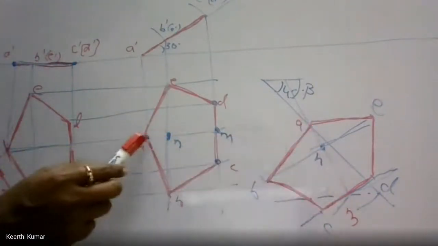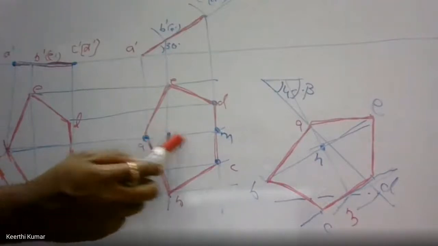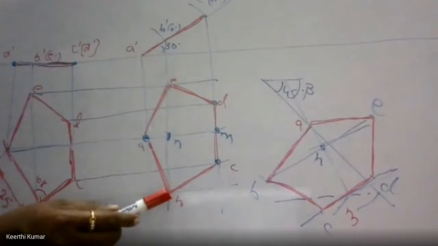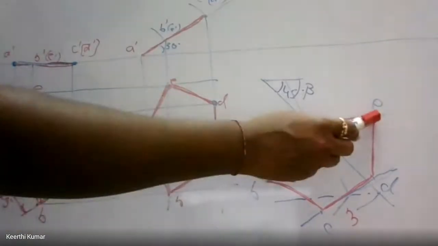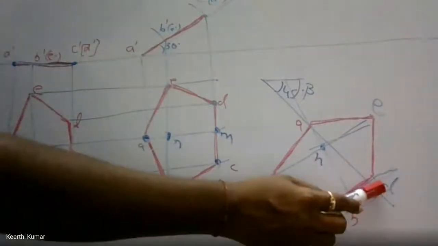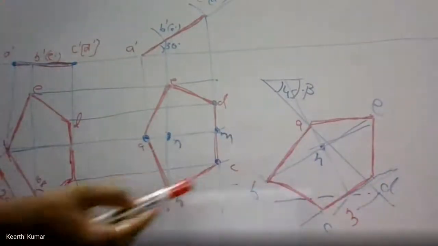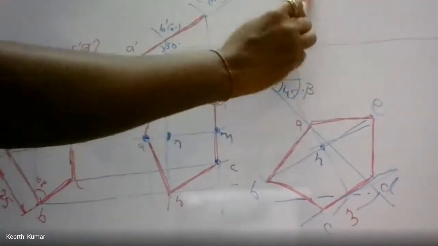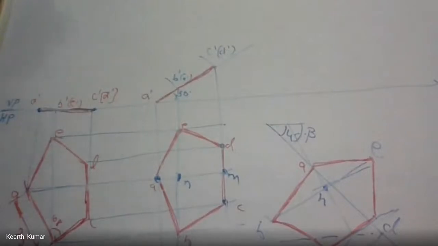In between AM there is one intersection that is called N. Draw a perpendicular there and you will get these two points. And from the point M, you draw a perpendicular, and then you will get D and C. Name it properly. Then draw the vertical projection, horizontal, complete this image. So that completes the front view of the third position.